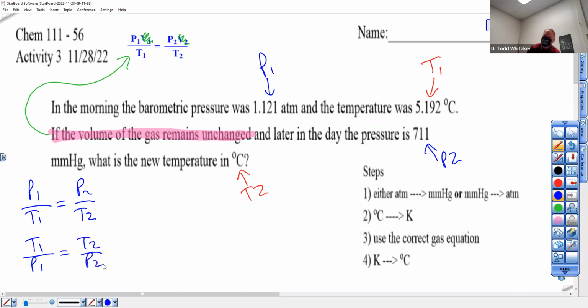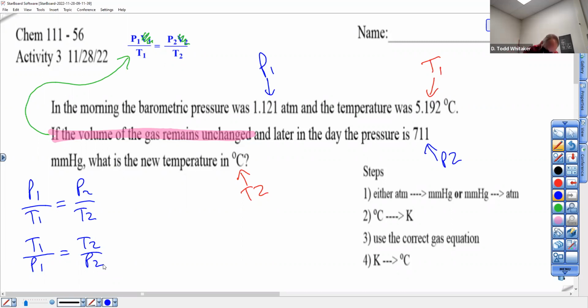You did the same thing to both sides of the equation, didn't you? This may seem like a miracle to you. You've never seen it before. You can do it anytime, any course where math is involved. Now I've got T2 by itself on the top. I'm going to multiply both sides by what now to get rid of P2 on the right?